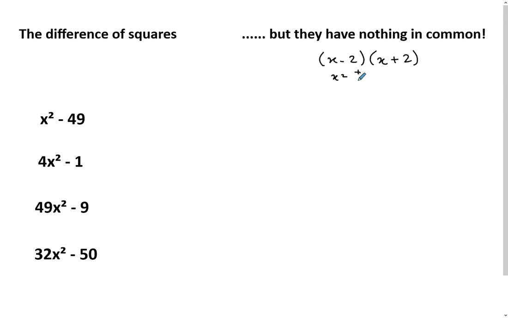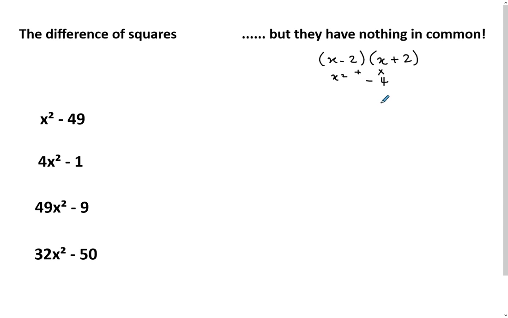So minus 2 plus 2, there's nothing there, and then I will multiply my two numbers. So minus times positive is minus, and then 2 times 2 is 4. So you can see that middle bit is missing.